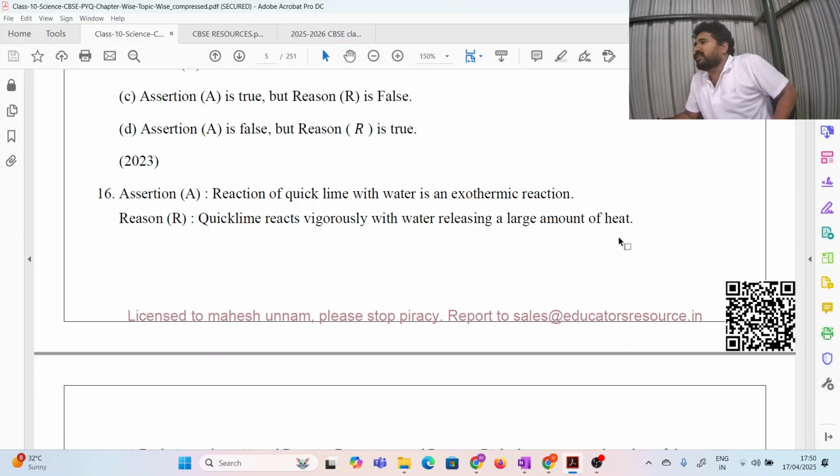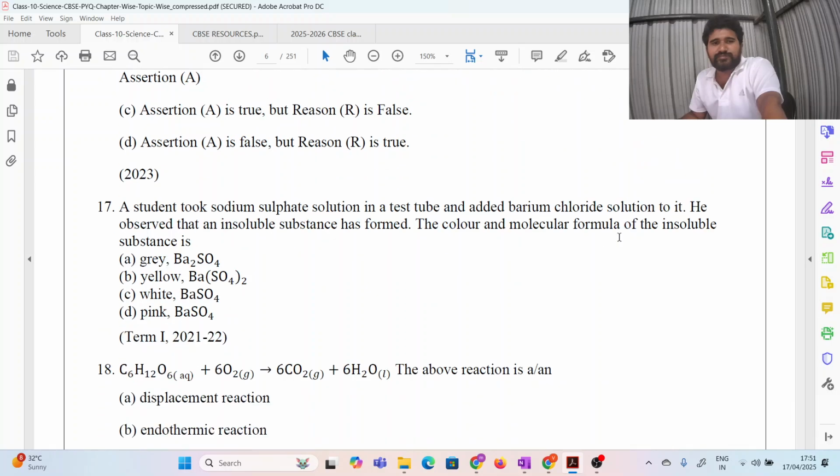Actually, I thought it was not a vigorous reaction, it is a slow reaction. Correct, it is a vigorous reaction only. The other reaction I am talking about, reacting with carbon dioxide, is a slow reaction. Understand? It will produce heat. Correct. Okay, both A and B are correct.